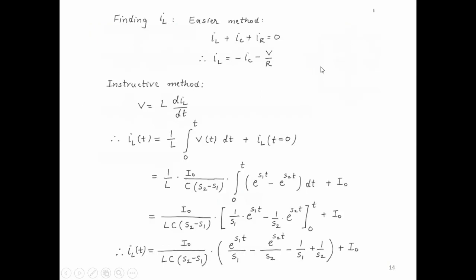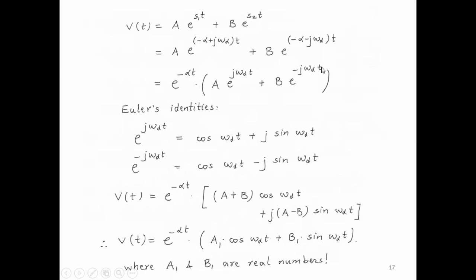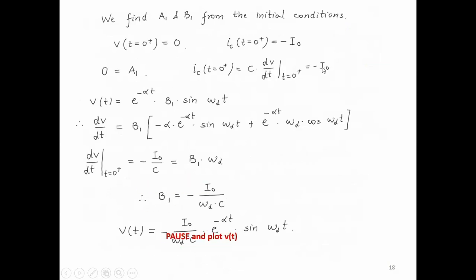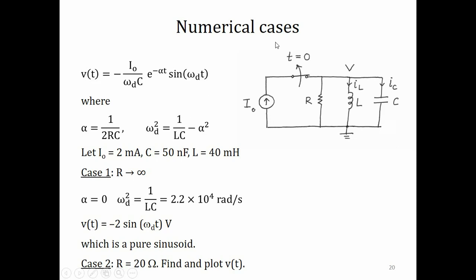Okay, so let's look at that case here. Here is a numerical case. This is the same circuit, and this is the equation we derived. Now let us consider the case that R is infinite, so there is no R here.